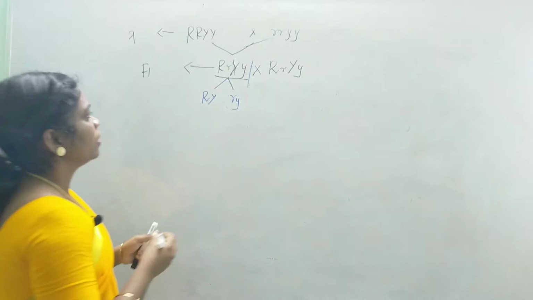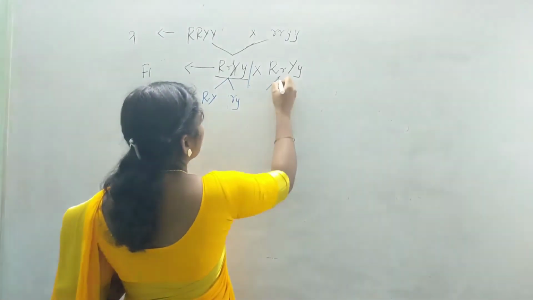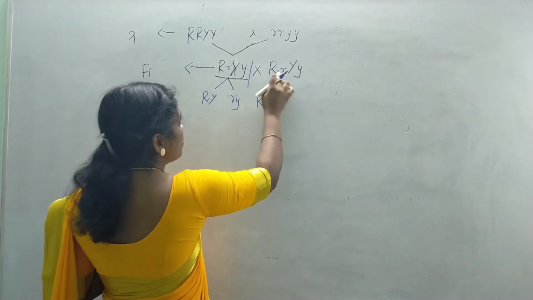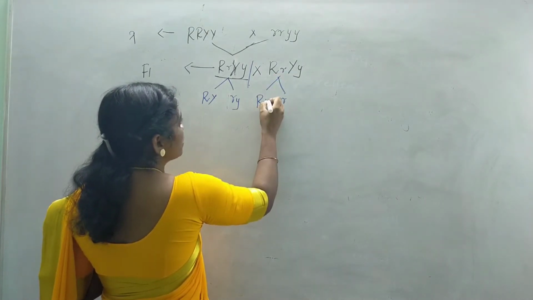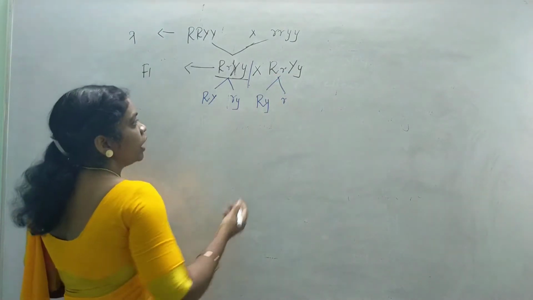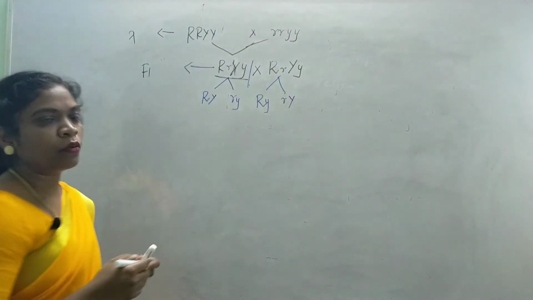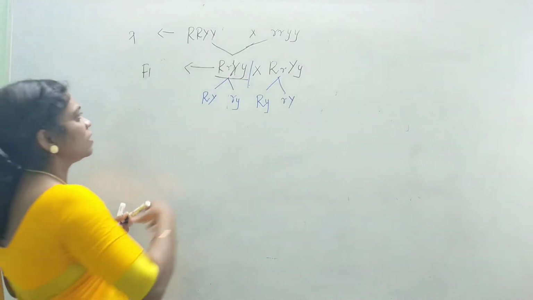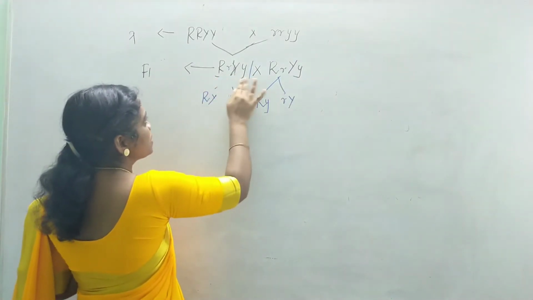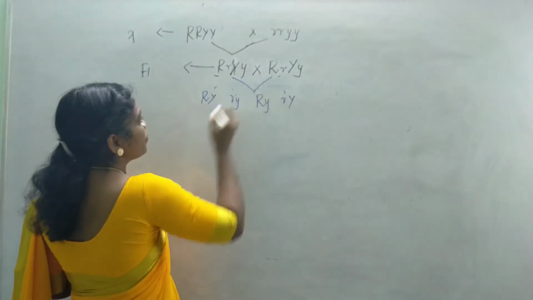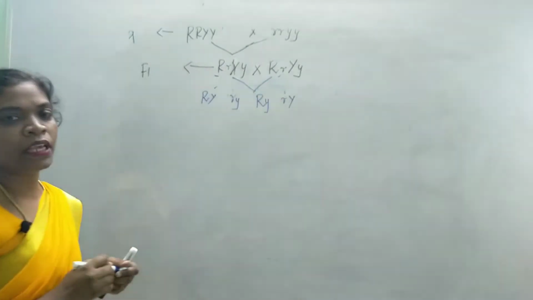But here you can find again capital R, small r. The small y can pair with this capital R, and this capital Y can pair with small y. This is what will happen in the case of self cross. We'll just mention here, when we cross them, we get all these four different types of gametes.